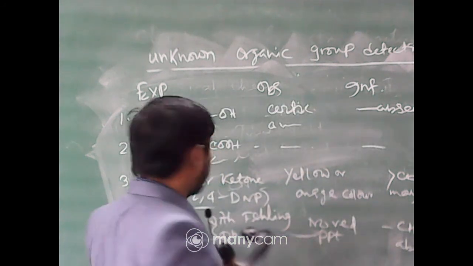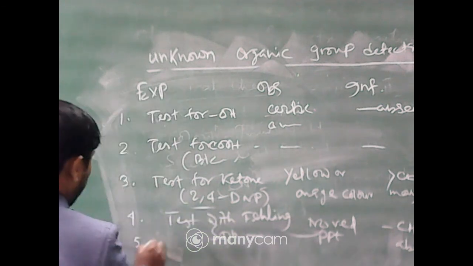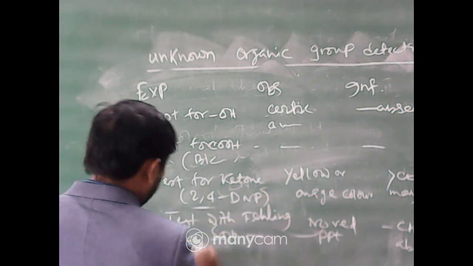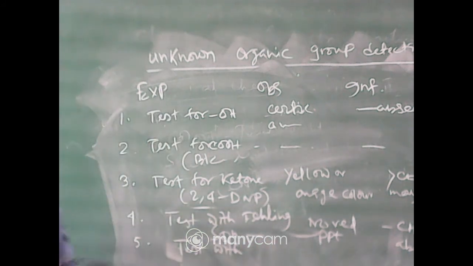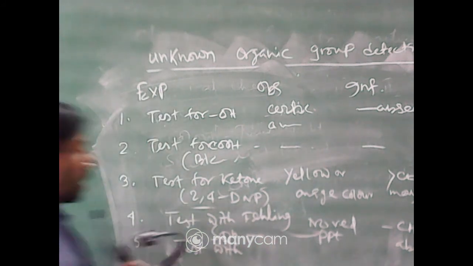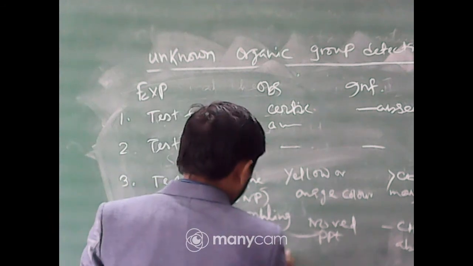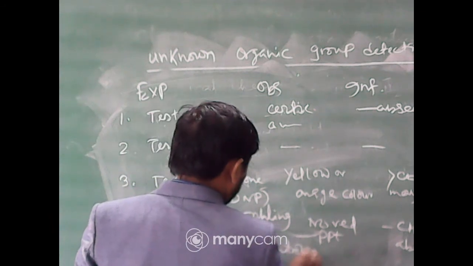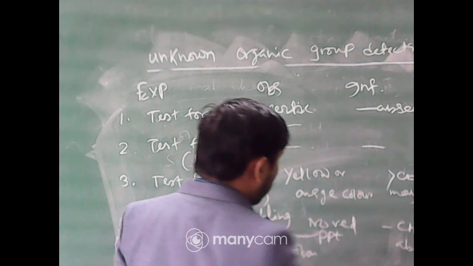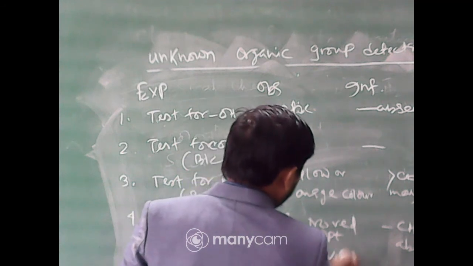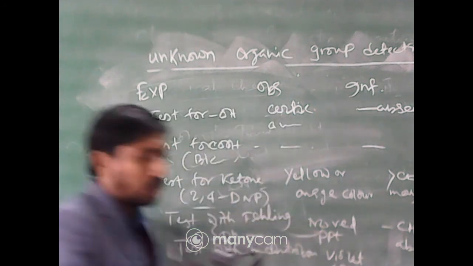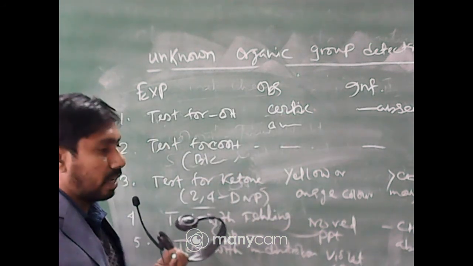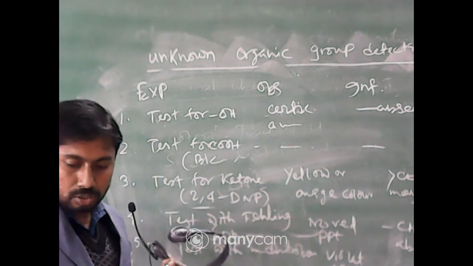So now is the point number 5, test with metadinitrobenzene. Now you will write the violet color. Okay. So this confirms that ketone is present in your salt.